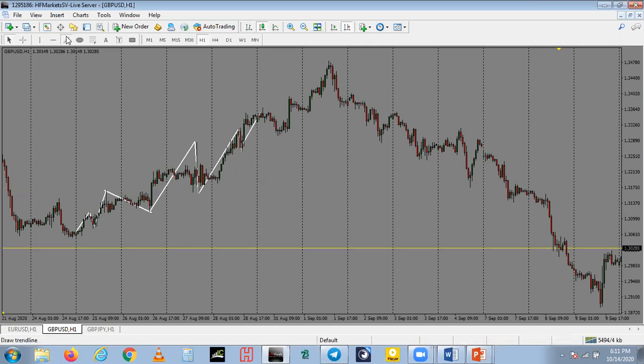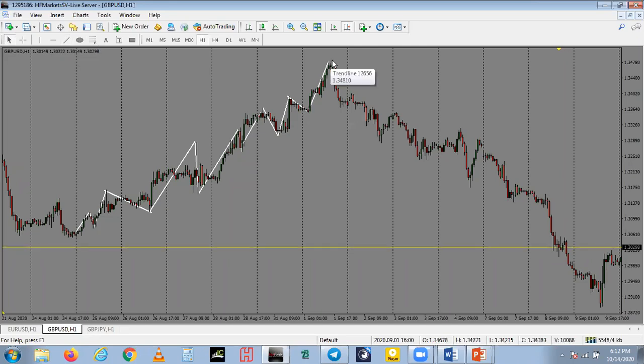You can see that. And then downwards again, and another higher high. And a lower low, higher low here, and another higher high. Before we now have a change in direction.